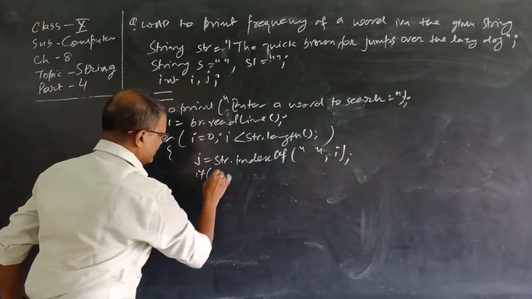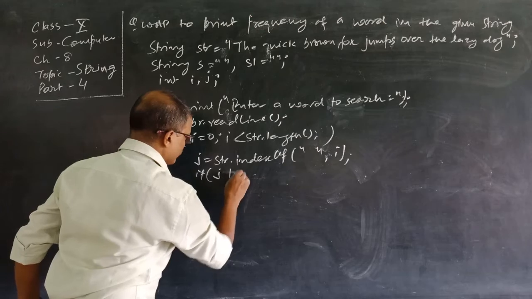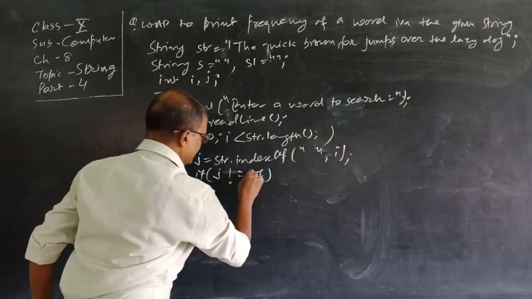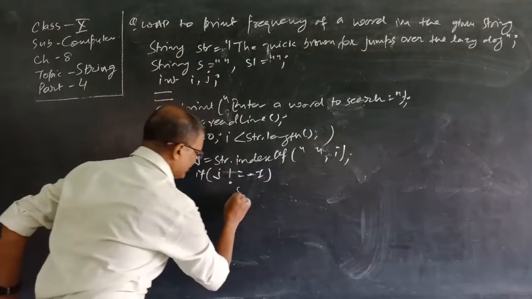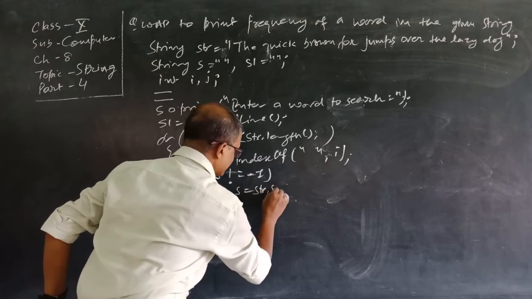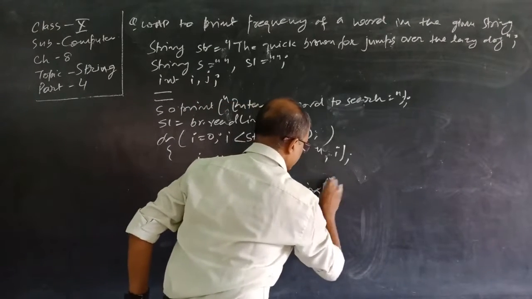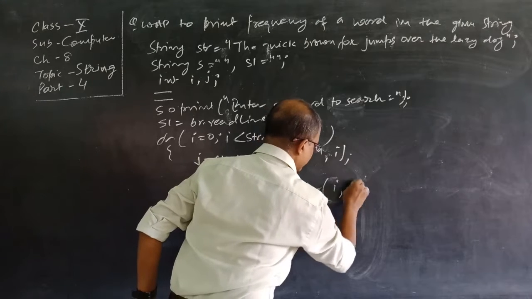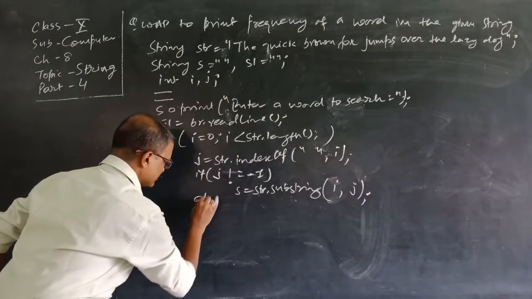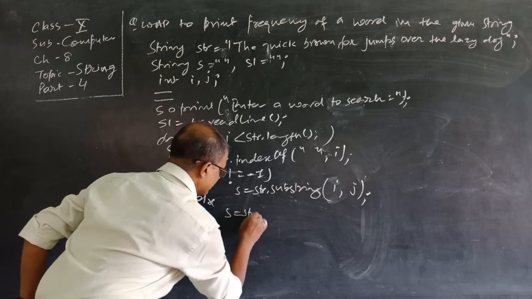Apply the condition. If j is not equal to -1, get the substring, str dot substring I comma j, else s equal to str dot substring I.